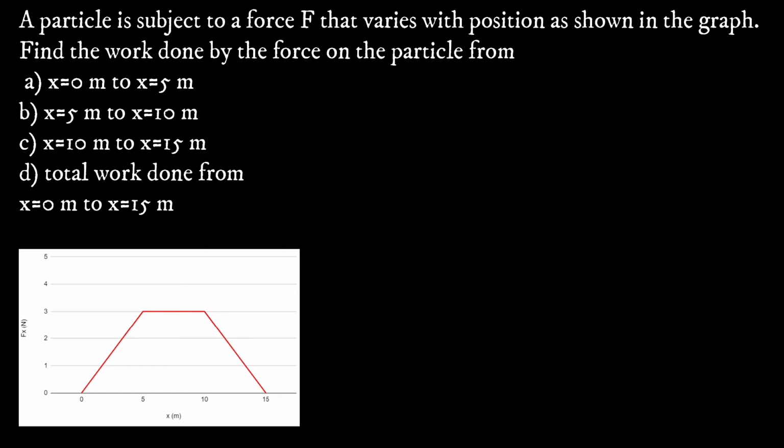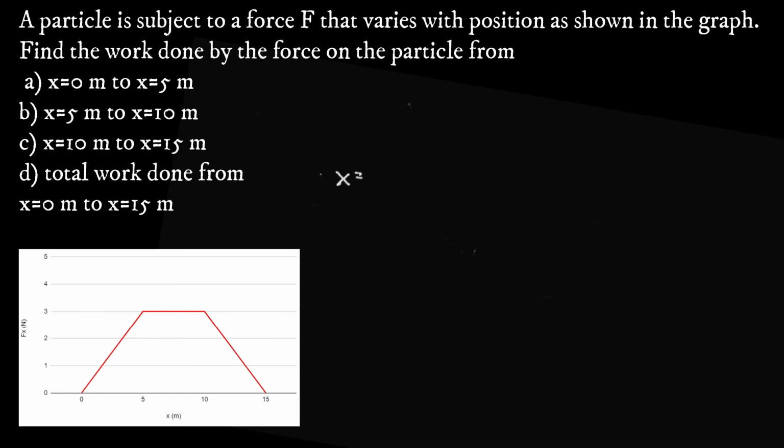So we can start with calculating the area under the graph from 0 to 5 meters. Since it is a triangle, it is just equal to half times 5 meters times 3 newtons, and that's equal to 7.5 joules. So that's the work done from x equals 0 to x equals 5.